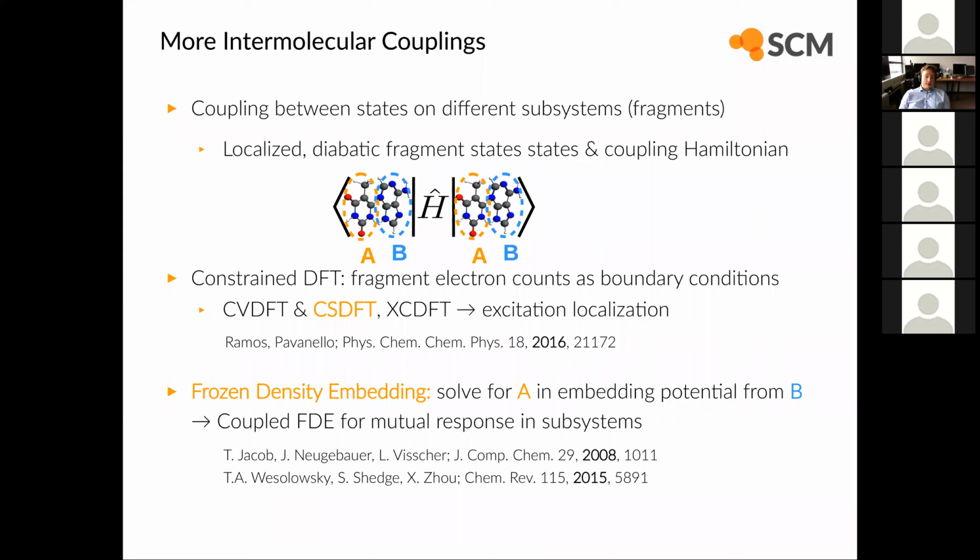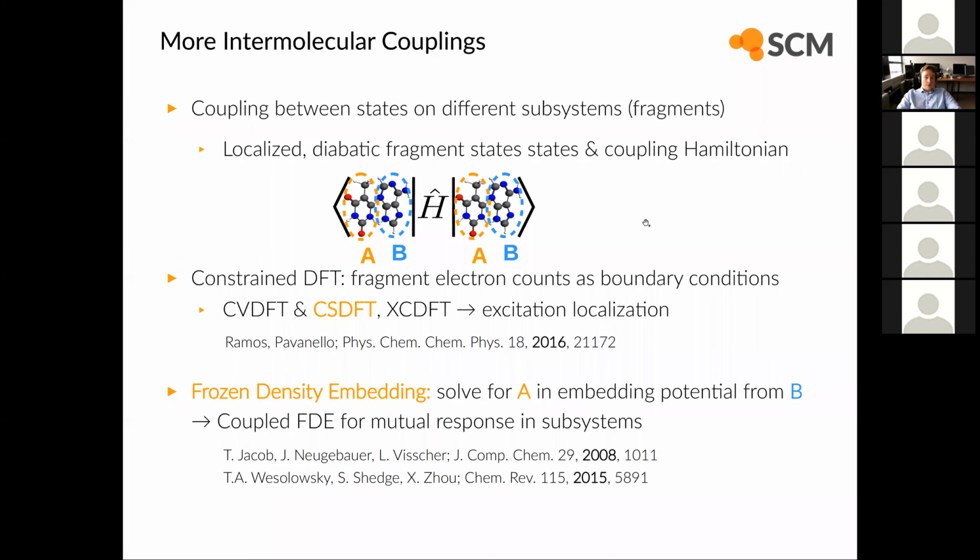There are alternative ways on how to calculate these charge mobilities and deal with this problem of how well charges move through these layers. An alternative one is basically one uses localized states, for example, by using a constrained DFT formalism, using the electron counts in the different molecular fragments, so the individual molecules, as a boundary condition, and thereby one is able to localize excited states.